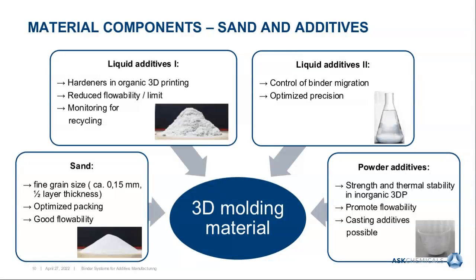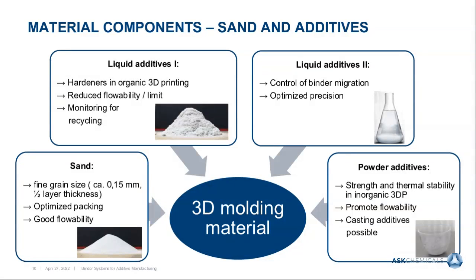And we need a good flowability because it is spread out in thin layers. So we have to ensure that this spreading is always functioning well. Besides the sand itself, there are additives used in 3D printing. For one, liquid additives. One category of them would be hardeners in inorganic 3D printing, acting as a reaction partner for the binder.